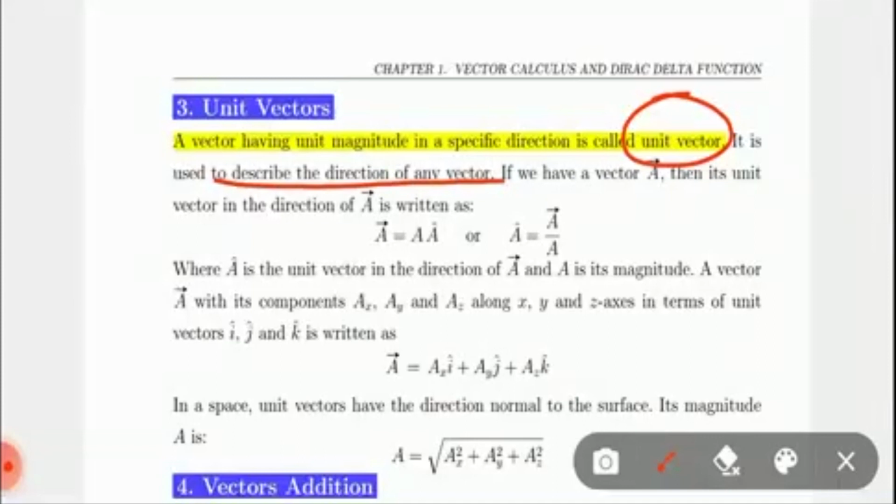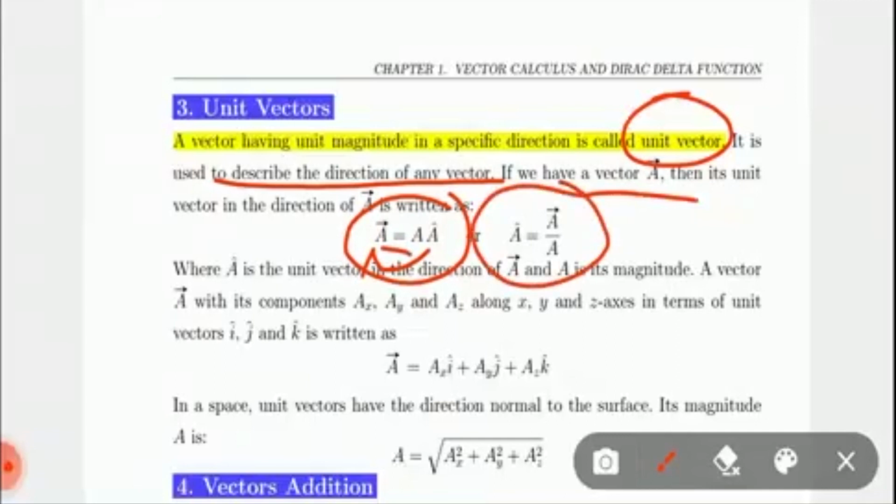We can express the vector A and its unit vector as follows: the product of the magnitude of vector A with the unit vector results in the vector A. Or we can express it as the unit vector being the vector divided by its magnitude.